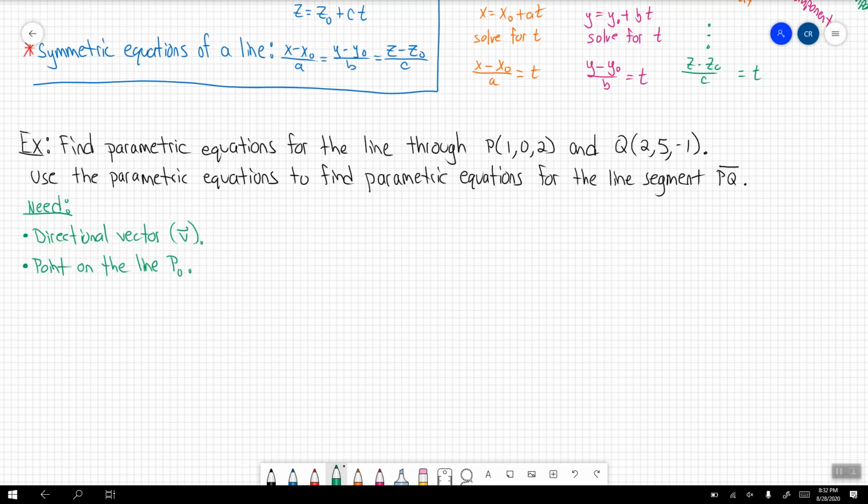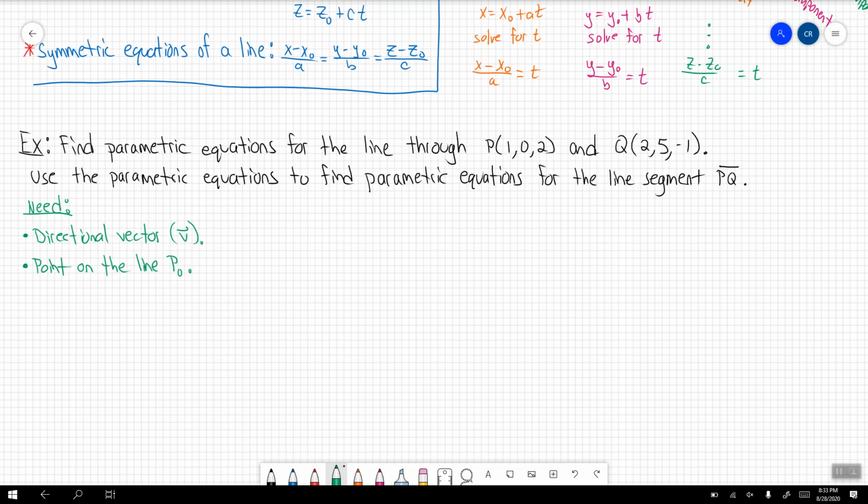So in order to do this, we are given 2 points on the line. All we need to do is choose one of the points, and that will then become the point on the line in question. So we are free to choose whichever one we want. Does not matter. If we were in class, I would ask you all to choose: do we want to work with P or do we want to work with Q?